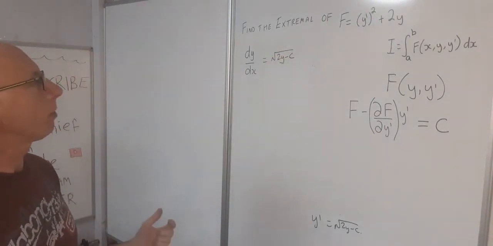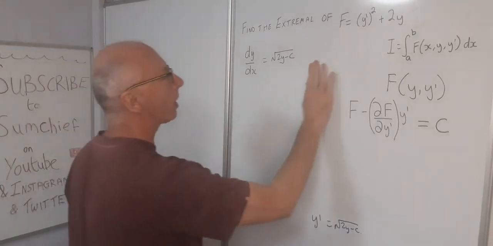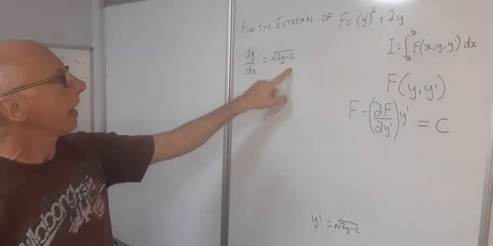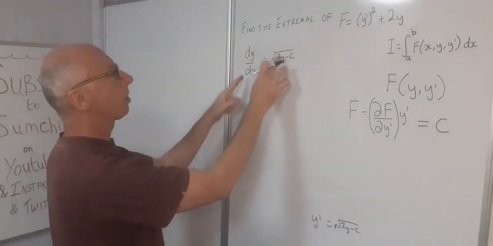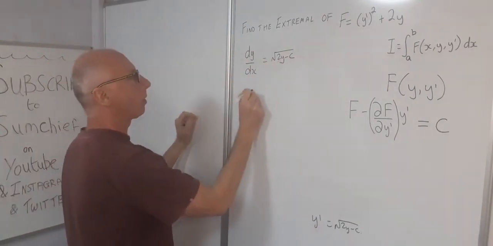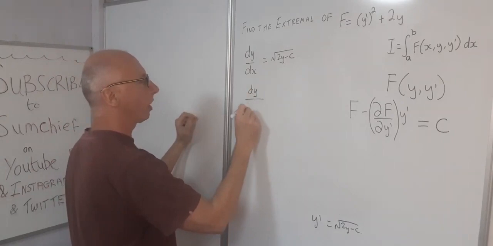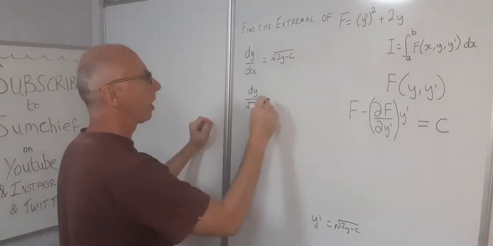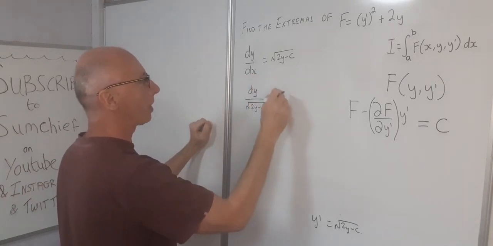Now all we need is a little bit of separation of variables. So get the y's on this side and the x's on this side. So these two can interchange. Now I've got dy over the square root of 2y minus c, and that equals dx.